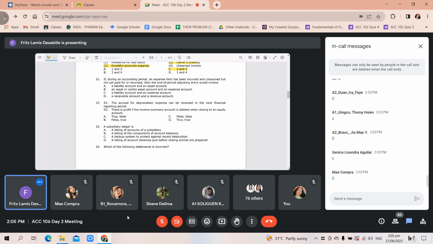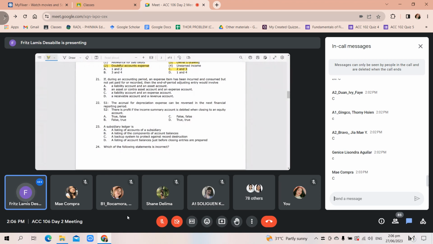Number 21. If during an accounting period, an expense item has been incurred and consumed but not yet paid or recorded, then the end of period adjusting entry would involve what? What is this called, number 21?